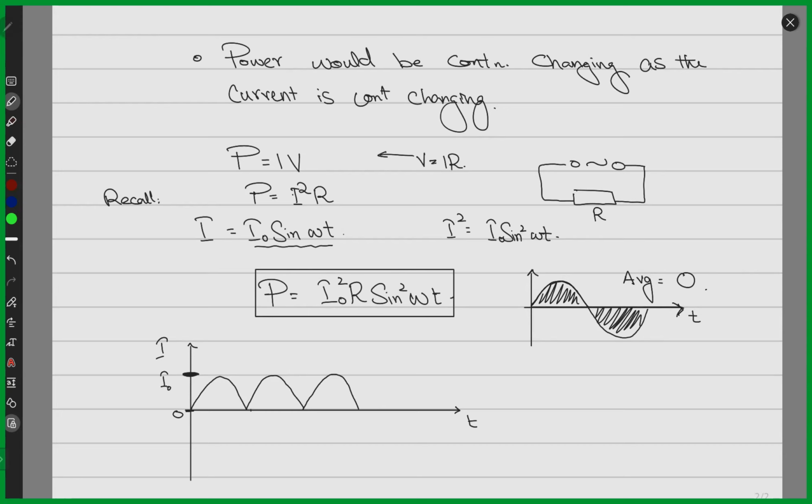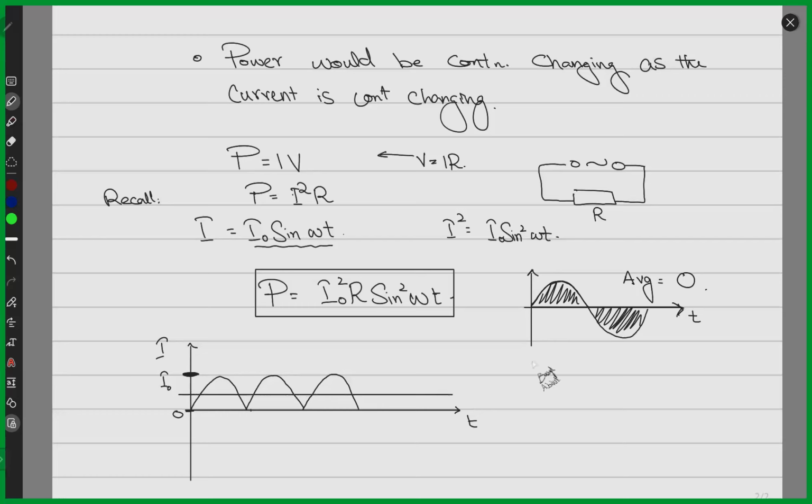Now, in the same way, if I look at this graph, which is a sine squared omega t graph, what would be its average? Its average value will lie midway, on this line, if I extend it like this, right?